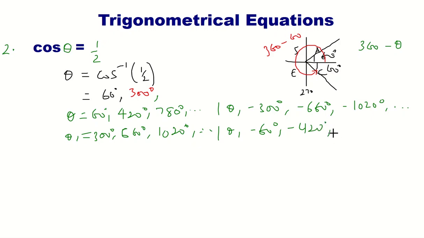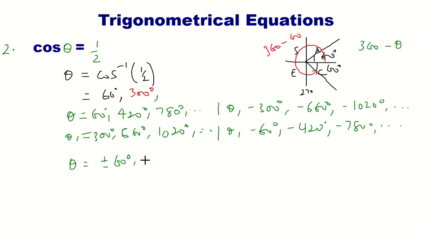When we subtract again 360, we shall end up with negative 780 degrees. Actually, for this, you'll find that our values of theta are both positive and negative 60 degrees.